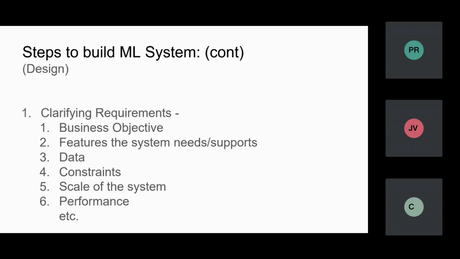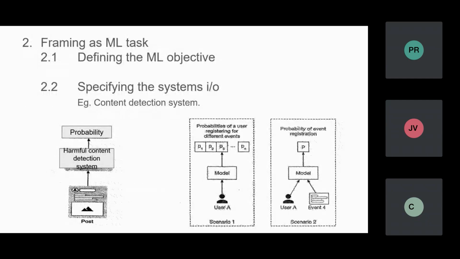Going on to the next step, which is framing as an ML task. Having a clear and good understanding of the business objective gives us a good way to translate the business objective into an ML objective.